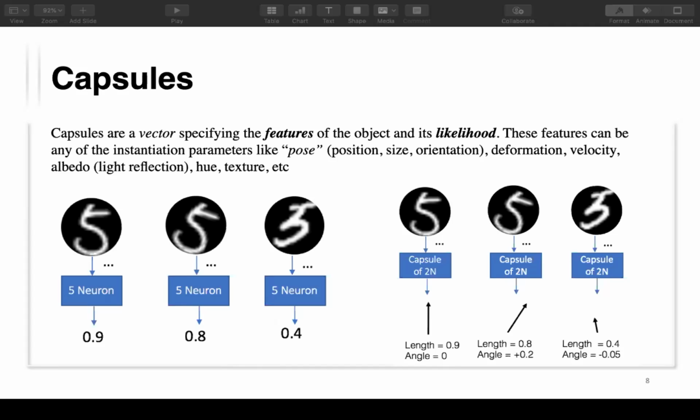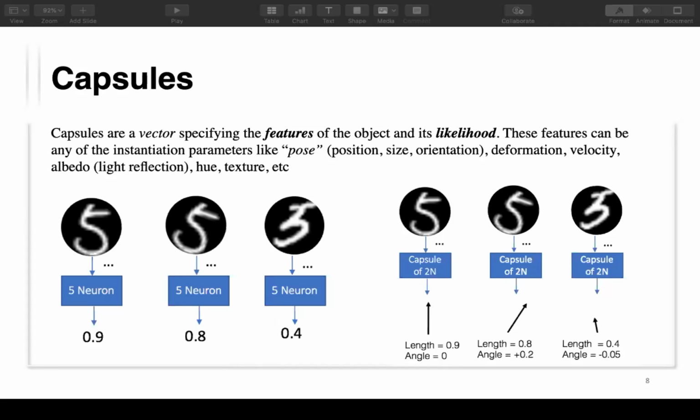The output vector is designed such that the length of the vector represents the likelihood that the feature exists, and the orientation of the vector represents different features.